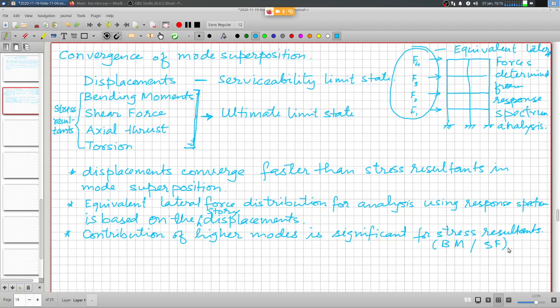Now, we know it converges much slower, but it was not realized that it could be so important an issue until it was observed that in the 1985 Mexico earthquake, several upper floor stories were damaged.